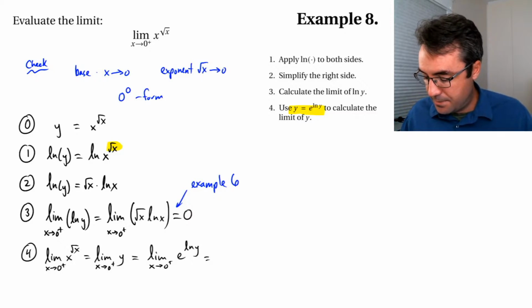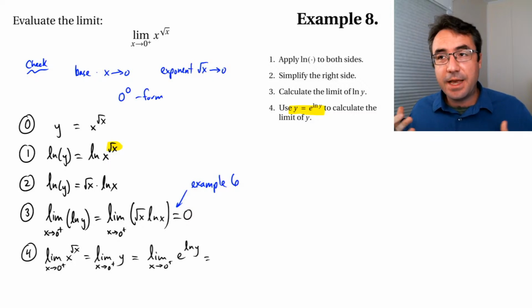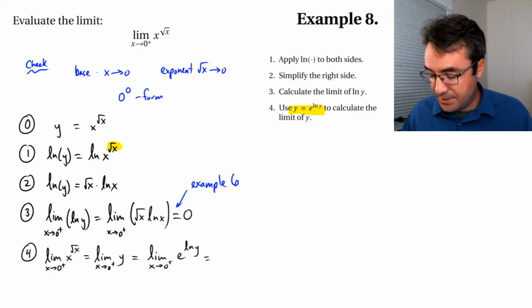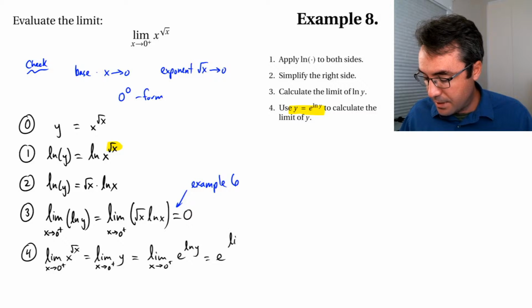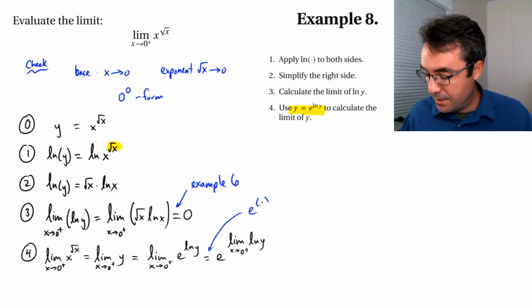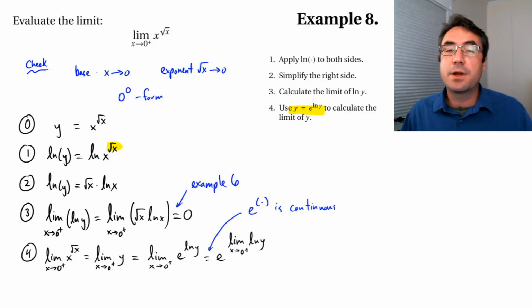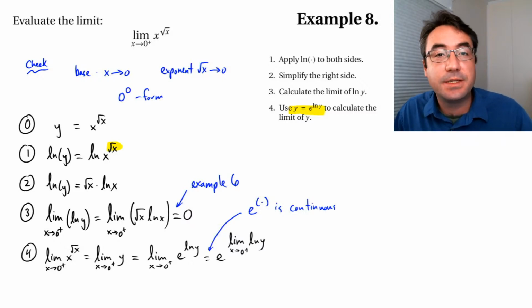And then the exponential function e is continuous, so we can bring the limit up into the exponent there. So we can bring the limit inside of a continuous function.